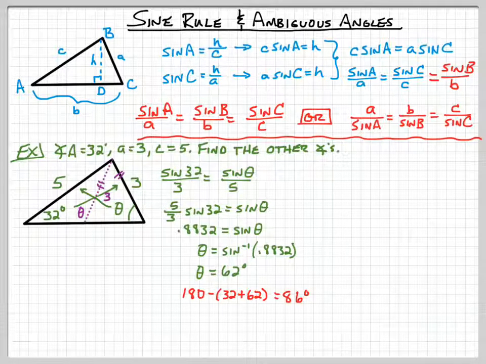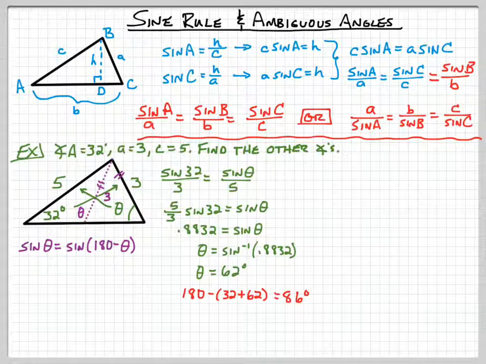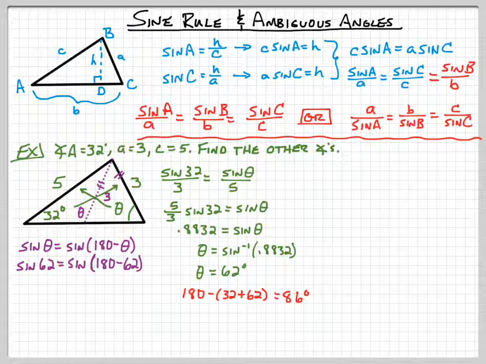So we had looked at in previous videos that sine theta is equal to sine of 180 minus theta. So we know that this is the property of sine values. So if we take sine of 62, that's going to be equal to sine of 180 minus 62. Well, 180 minus 62 is 118 degrees.